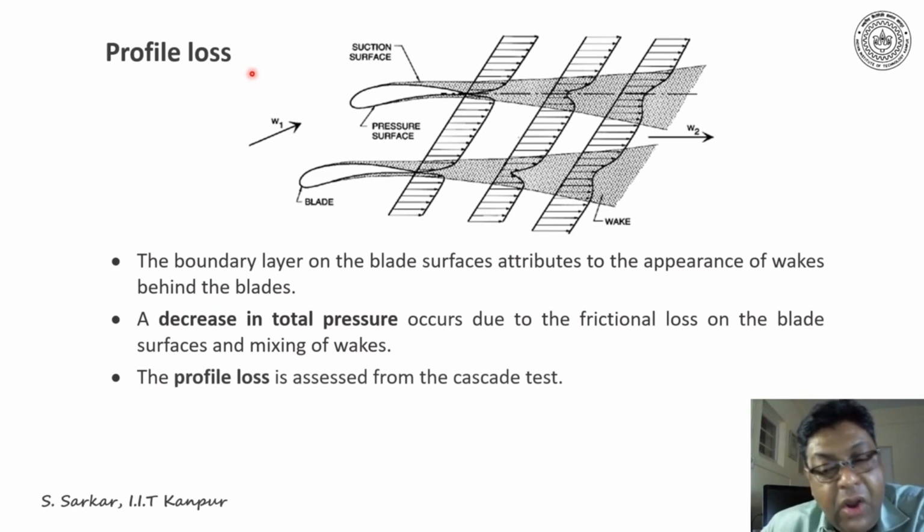The profile loss is because of the boundary layer development on the blade surface due to the viscous flow. I have indicated a pictorial view here illustrating the development of the boundary layer and the formation of wake behind the blade by the shaded region.